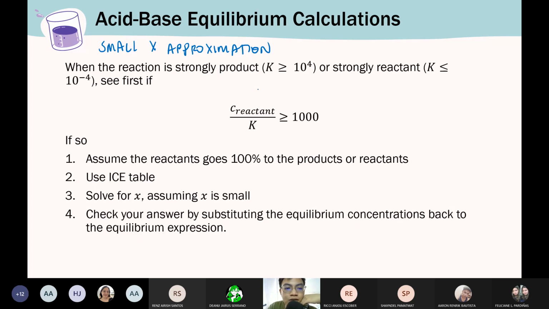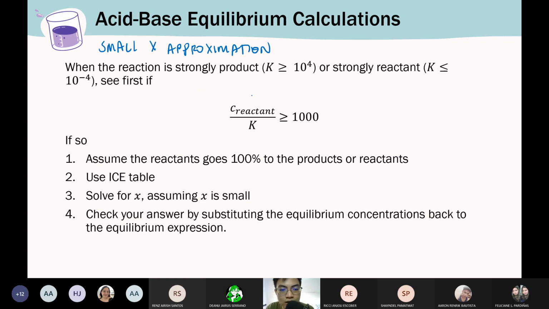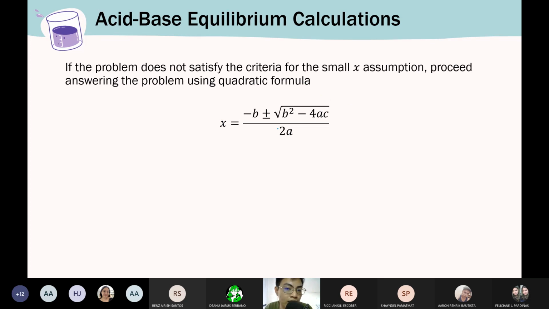First, you have to divide the concentration of your reactant by your equilibrium constant K. So, i-divide mo yung concentration divided by the K. And if the ratio is greater than 1,000, you can do the small x approximation. Okay? So, paano yan? Let me show you. By the way, if this is not satisfied, then you have to do the quadratic equation, yung ginagawa natin. Okay?